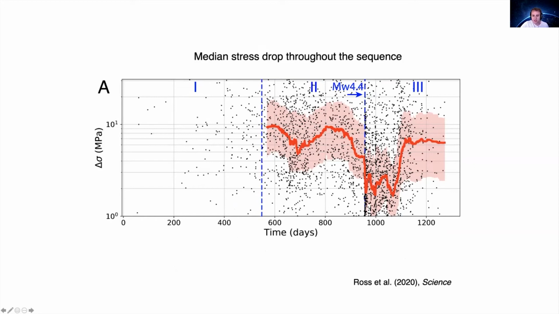And you can see that starting from here, this fluctuates around, and very close to the time of this magnitude 4.4, you're going from basically a median stress drop on the order of maybe 8 megapascals to something that goes to about 2 megapascals. And this is the median over 500 events. So it's a substantial drop all of a sudden.